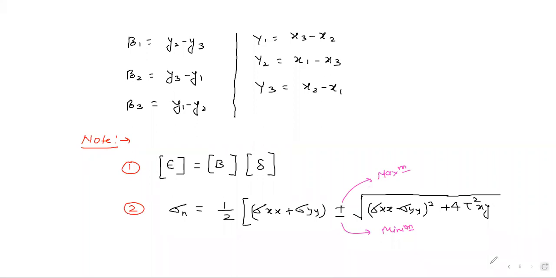Then they can ask one more thing, maximum shear stress. They can ask maximum shear stress also. So maximum shear stress, how will you calculate? Tau max will be half sigma 1 minus sigma 2. Sigma 1 is maximum normal stress, sigma 2 is minimum normal stress.